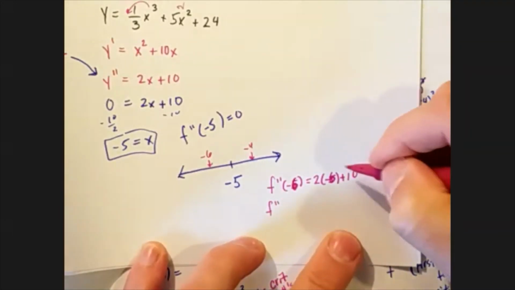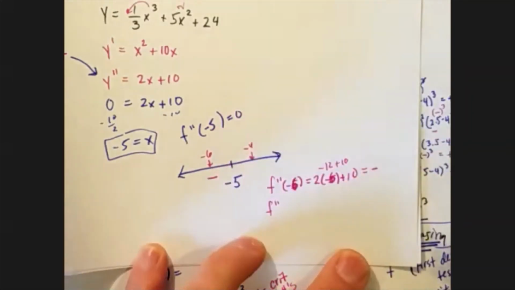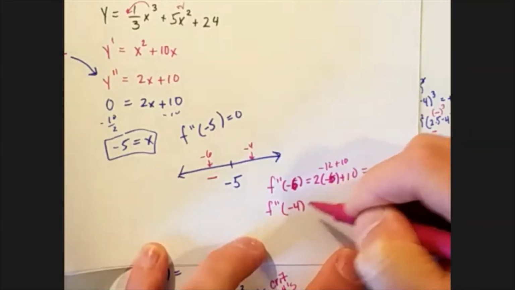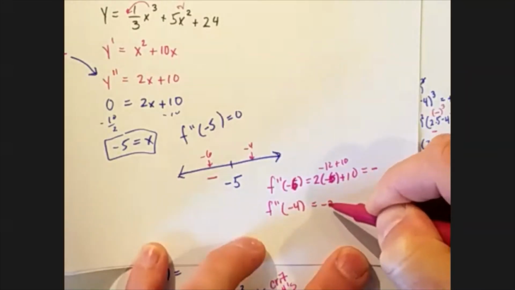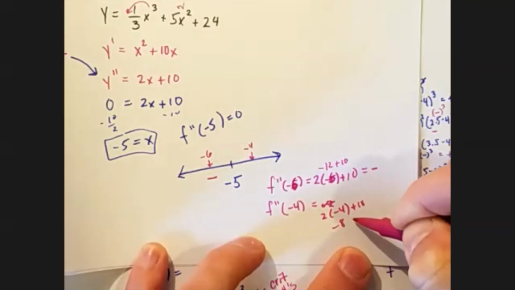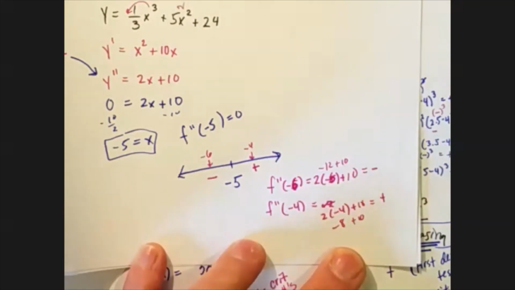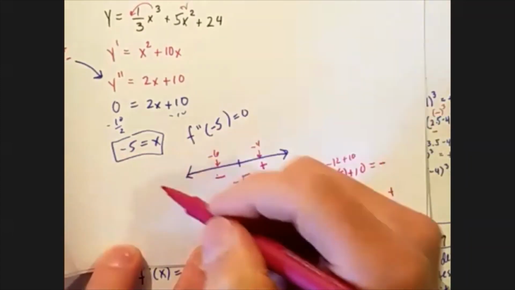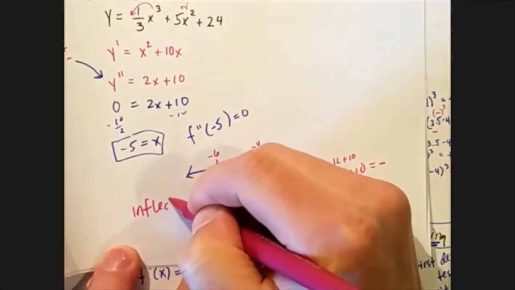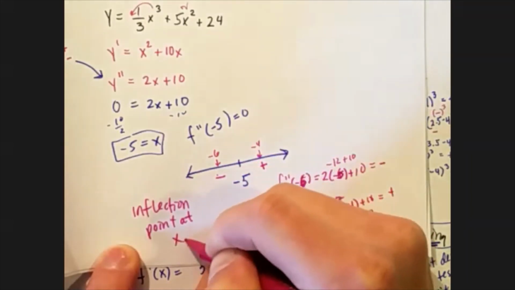So that gives me negative 12 plus 10, which is a negative number to the left. And if we plug in a number to the right, we would get 2 times negative 4 plus 10, which is negative 8 plus 10, which is a positive. So it goes from concave down to concave up. It definitely does change concavity. So I have just proven that there is an inflection point at x equals negative 5.